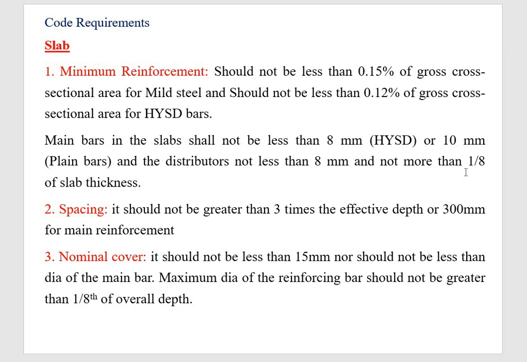For example, if the thickness of the slab is 150 mm, then 150 into 1 by 8 will give you the maximum diameter that we should be using. This is how we will calculate the minimum reinforcement, distributors and all for a slab.